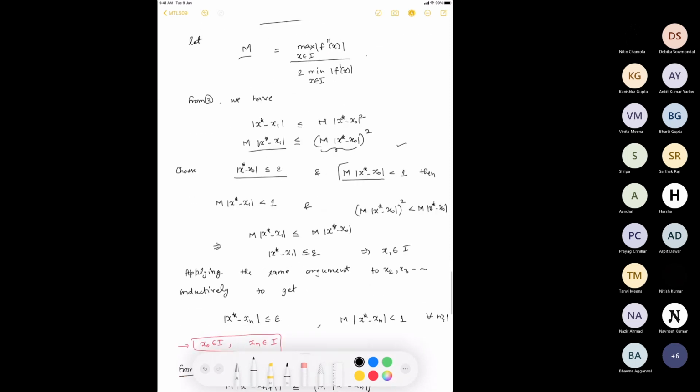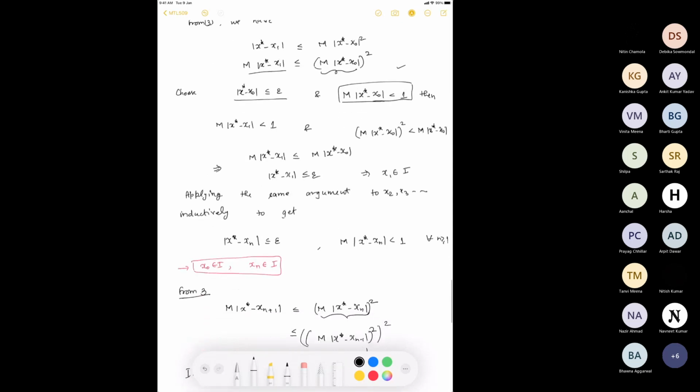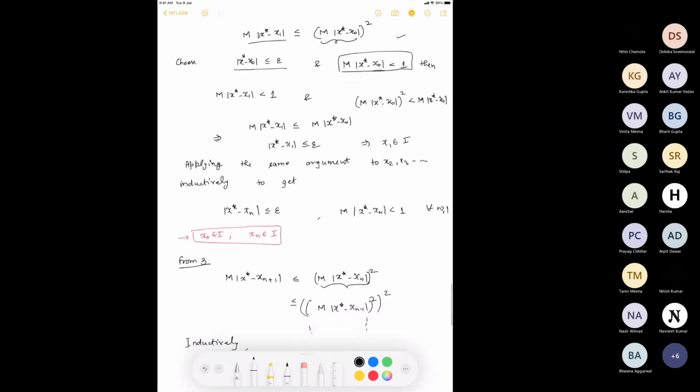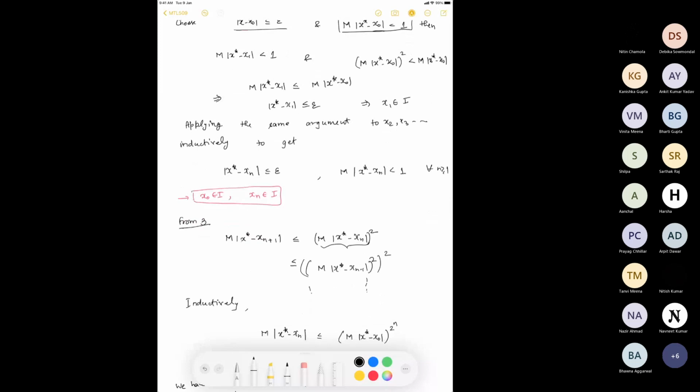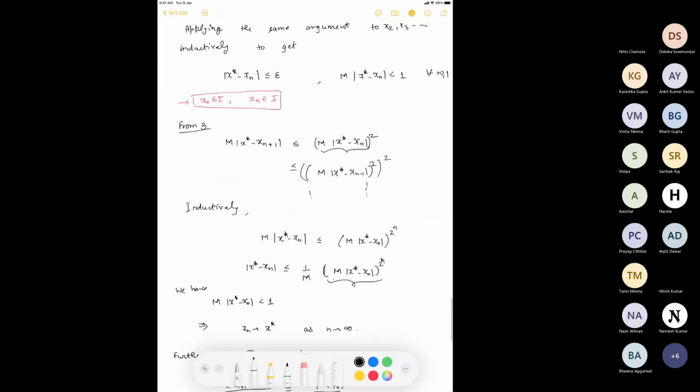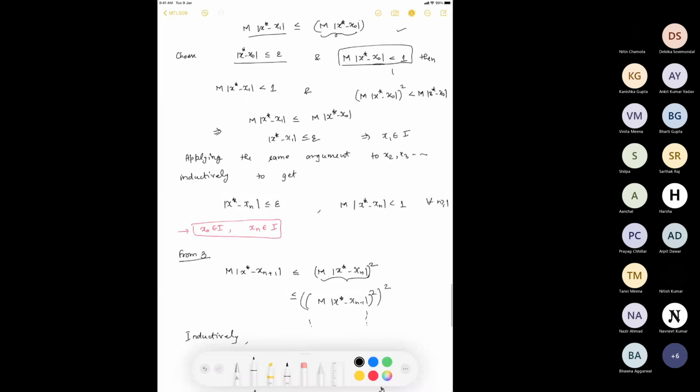Note that we had this condition, so once you have the information about the function f, you will be able to find m. Once you have m, you can choose your x naught such that x star minus x naught is strictly less than 1 by m. Theoretically, this gives you the idea of how x naught has to be chosen. If your m is very large, your x naught has to be very close to x star for this algorithm to converge.